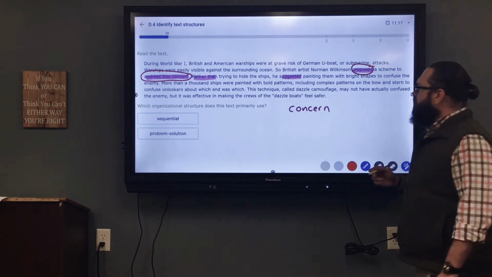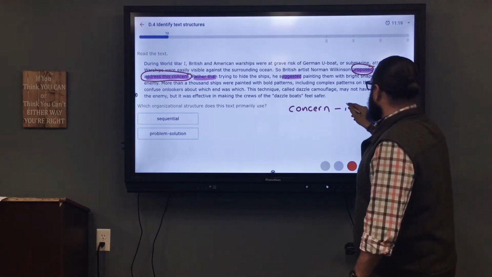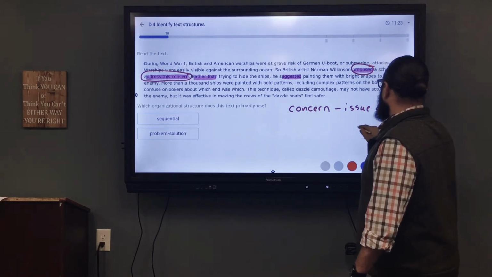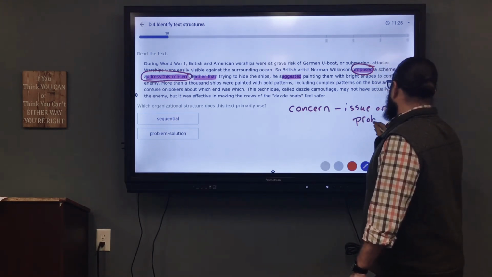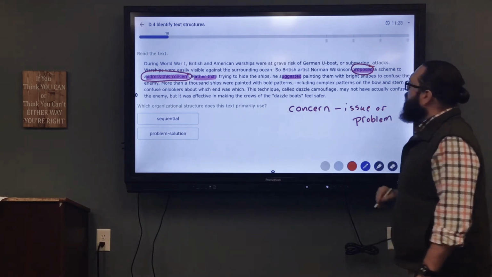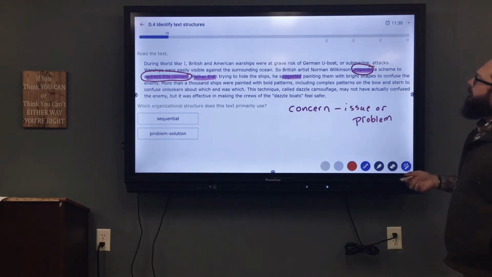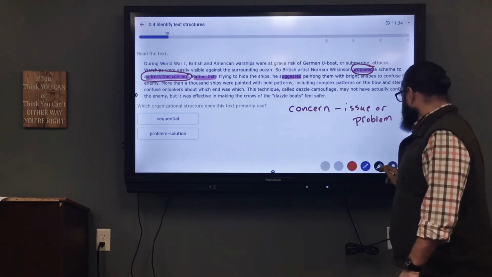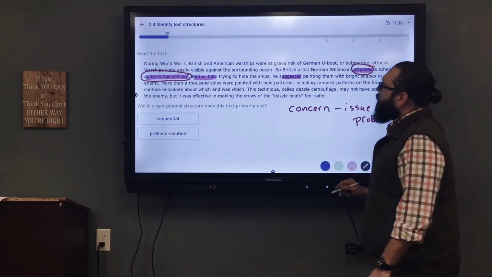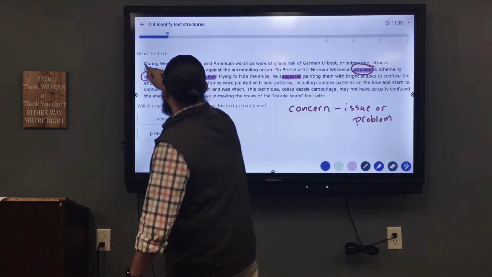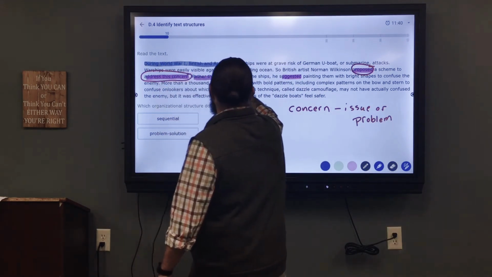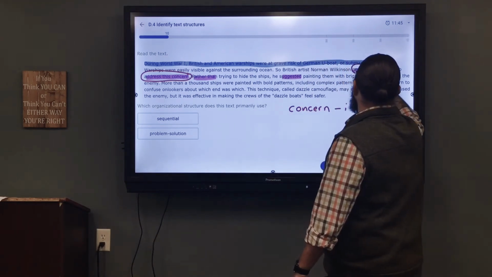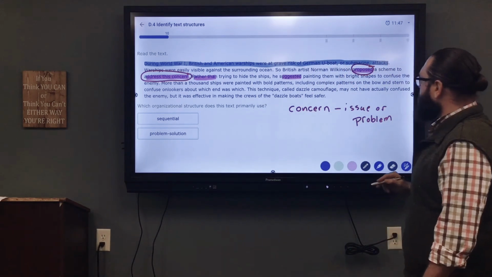Well, if there is a concern, it's because there is some kind of an issue or problem. What was the problem? We see that in the first sentence. We are told that during World War I, British and American warships were at grave risk of German U-boat or submarine attacks.